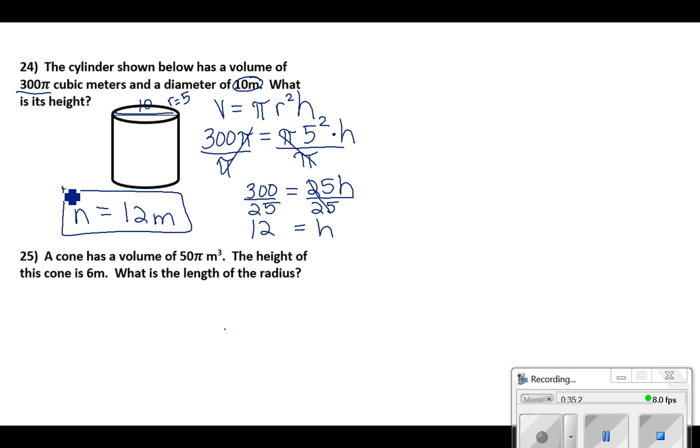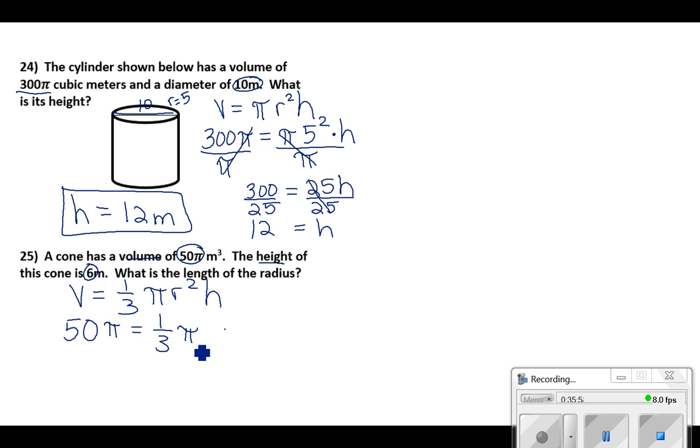Question 25. A cone has a volume of 50 pi meters cubed. The height of this cone is 6 meters. What is the length of the radius? So we're going to start with the formula again. 1/3 pi r squared h. And I've been given the volume and the height. So volume is 50 pi.